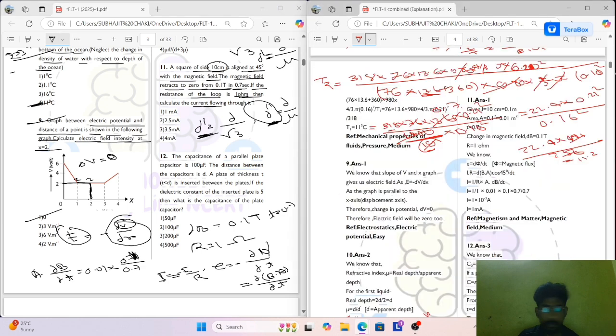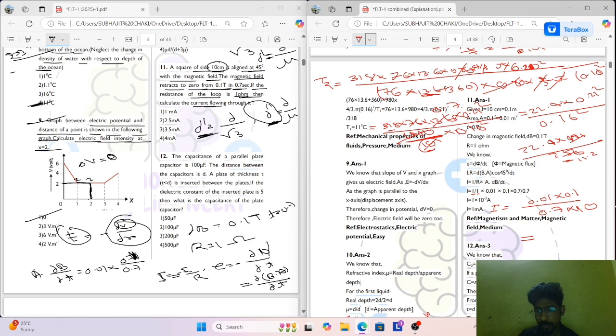So here you can say I equals 0.01 into 0.1 divided by 0.7, divided by R, where R is 1 ohm.